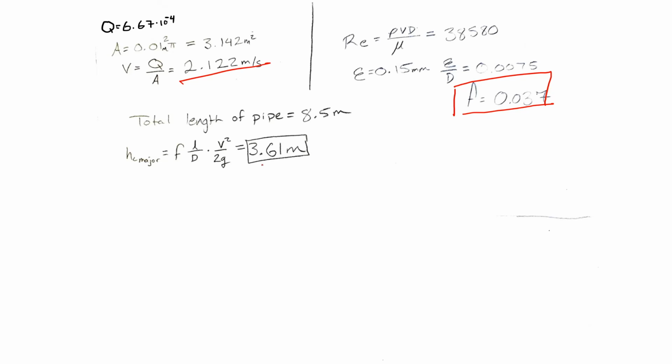And then we're going to calculate the minor head loss, which is 2.98 meters based off of this equation here, where we put in this 1.5 plus 1.5 plus 10. This is our KL. And then we have V squared, again, 2.122 meters per second over 2g. And that gives us 6.59 meters as our total head loss.